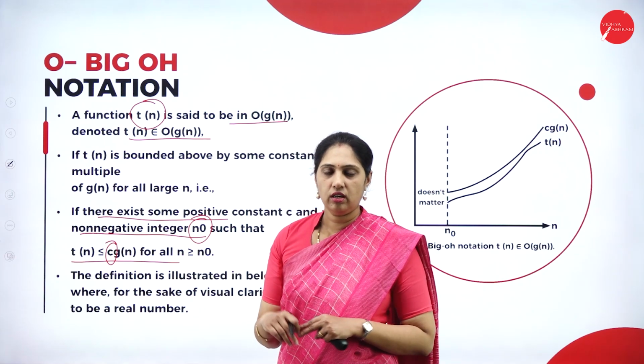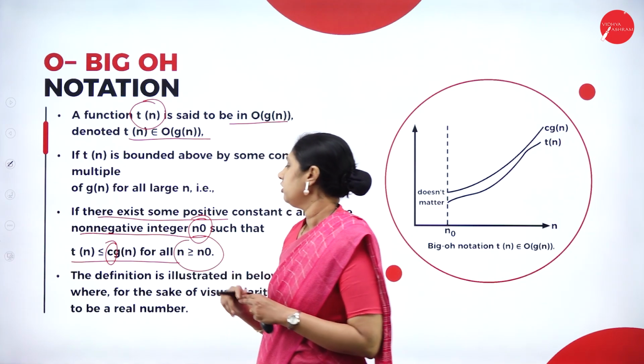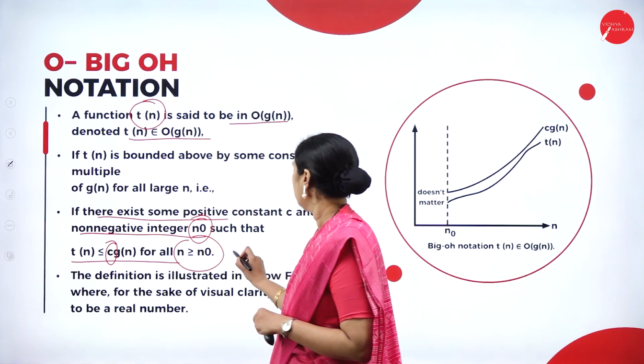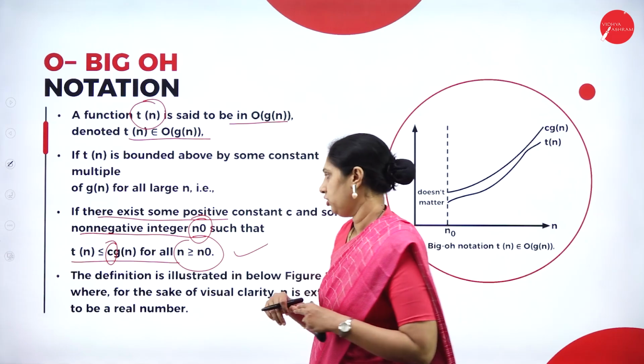C is a constant, g of n is a function, for all n greater or equal to n naught. This is the equation to tell it is big O notation.